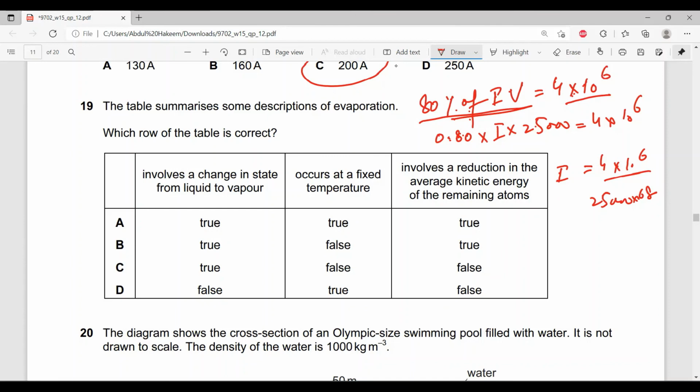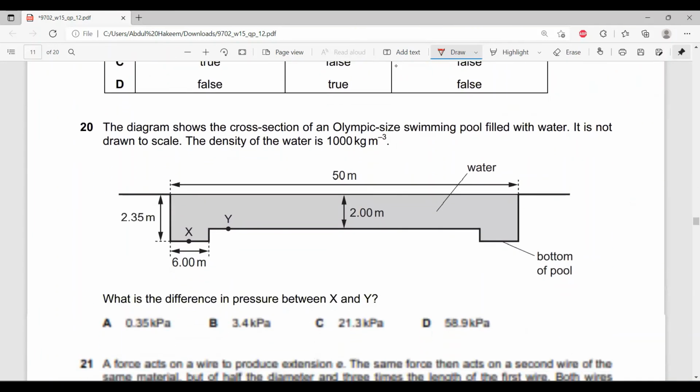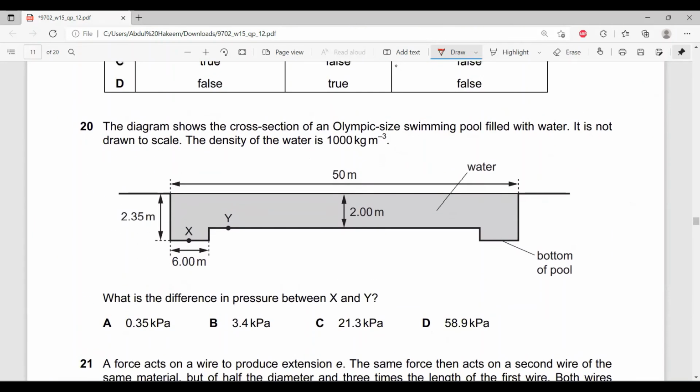And occurs at a fixed temperature. No, it occurs at all temperatures. Involves a reduction in the average kinetic energy of the remaining. Yes, true. Remaining liquid becomes at low temperature. So B is the answer. So temperature drops.